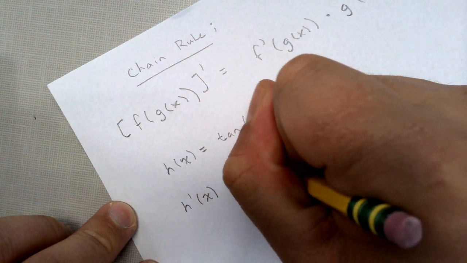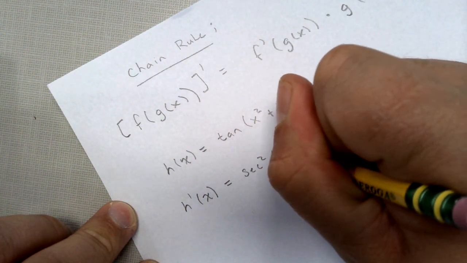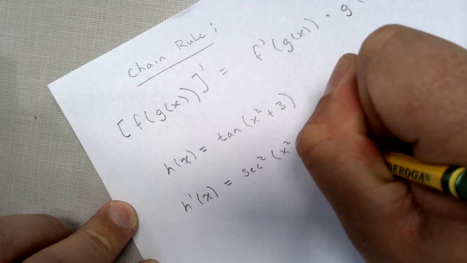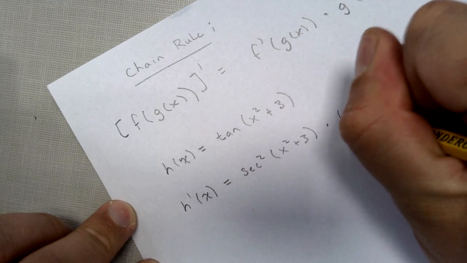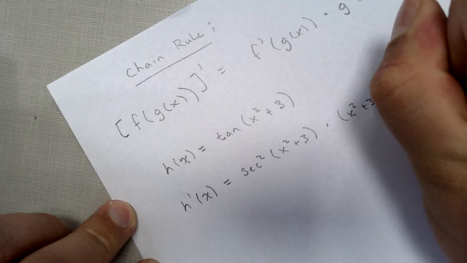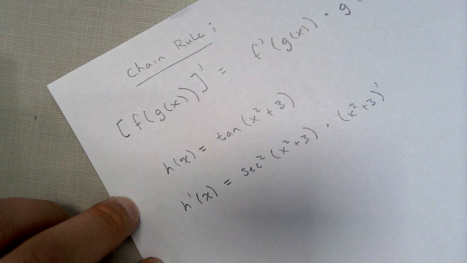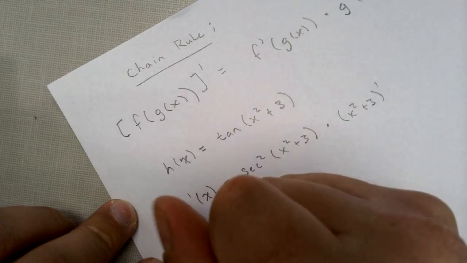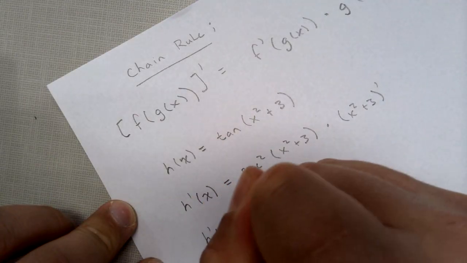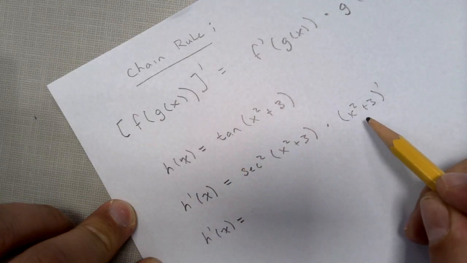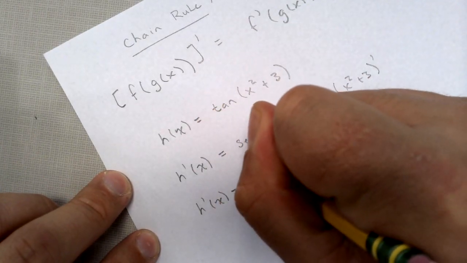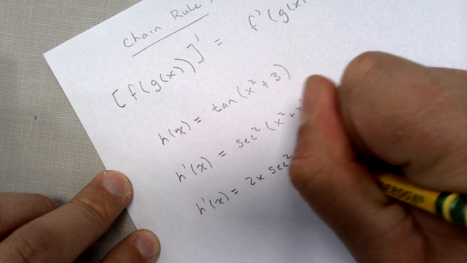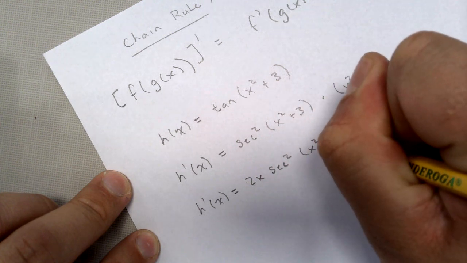So we have secant squared of x squared plus 3. And then we need to multiply this by the derivative of x squared plus 3. So h prime of x would equal, the derivative of x squared plus 3 is 2x. So we have 2x times secant squared of x squared plus 3.